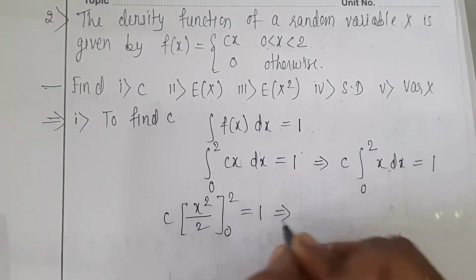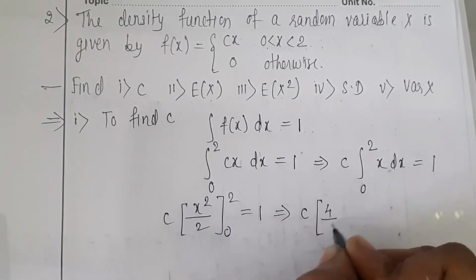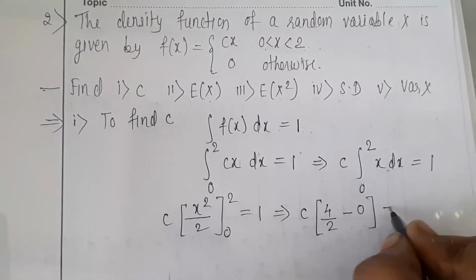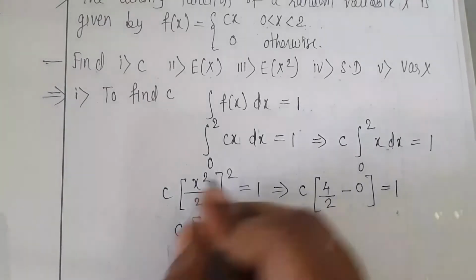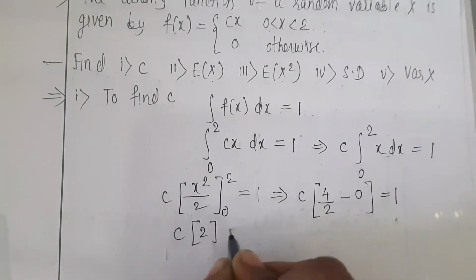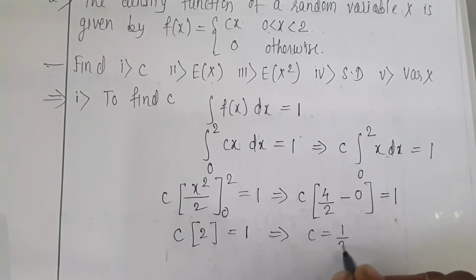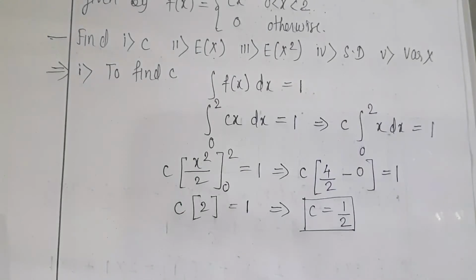So this becomes c multiplied by 2 square, which is 4 by 2, minus 0, equal to 1. So c multiplied by 2 is equal to 1. So what is the value of c? c is equal to 1 by 2. We obtained the value of the constant.